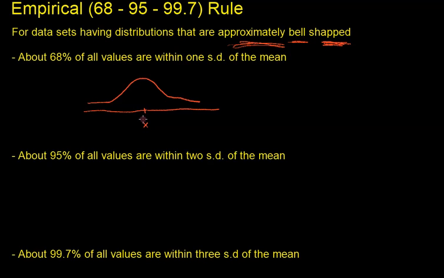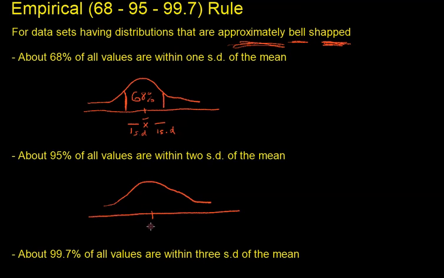I'll have X bar, and then 1 standard deviation from the mean. Within 1 standard deviation, so 1 standard deviation below the mean and 1 standard deviation above the mean, 68% of the observations are between 1 standard deviation below and 1 standard deviation above. Then 95% are within 2 standard deviations.